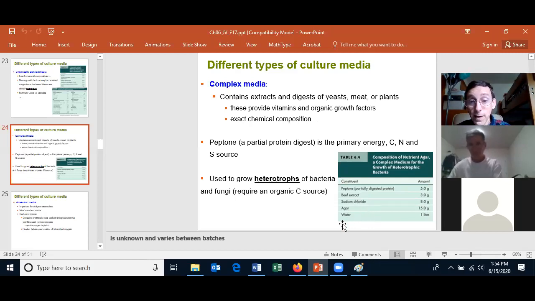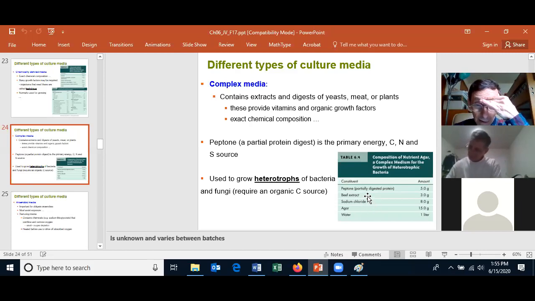The point is, we have no idea what molecules are in this. For example, is chlorophyll in the beef extract? It's possible, because the cow was eating grass. So there might be chlorophyll in the cow, and then we grind up the cow. That might be supplied.